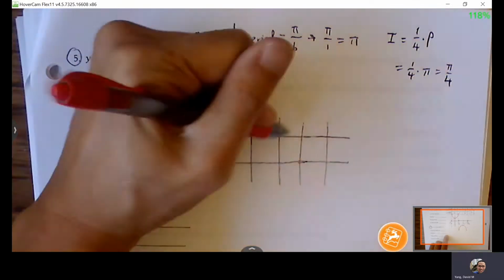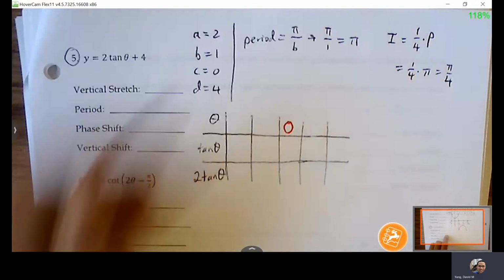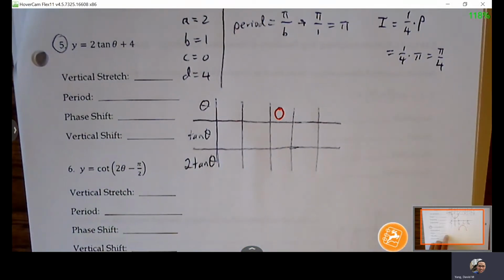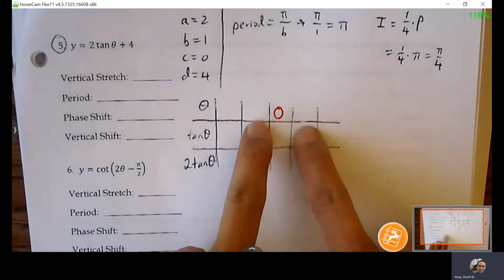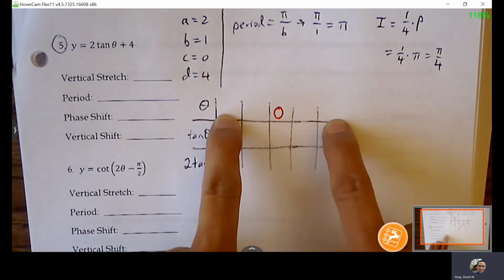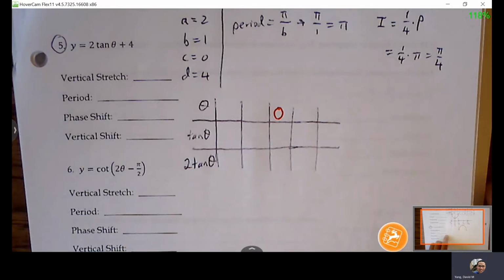Okay, so tangent is the strange one where you want your 0 to be in the 3rd slot, the middle, and then you can just subtract pi over 4 on both sides to get your starting theta values.